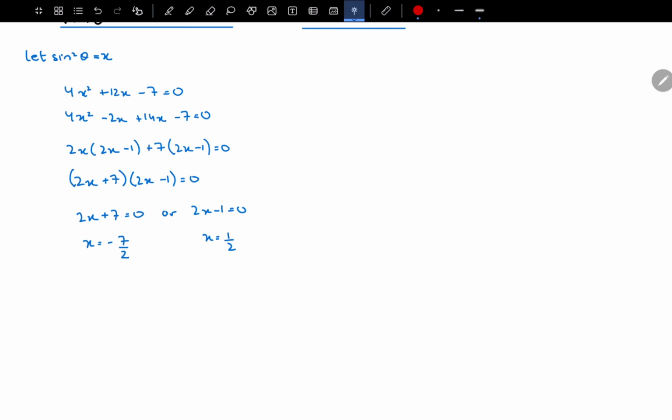Since we substituted sine squared as x, we can substitute it back, and this will be sine squared theta equals minus 7 upon 2. Since this is negative and we have a squared over here, this will give us no real solution.